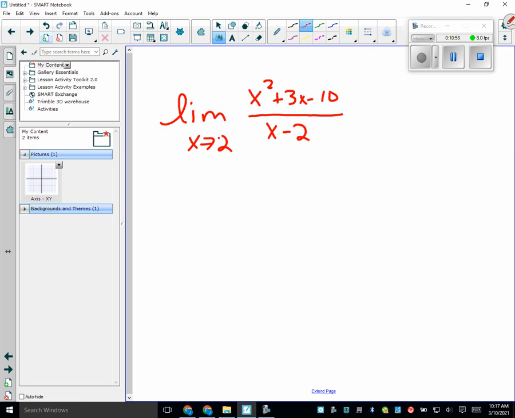Can't plug it in because it would make the denominator 0.